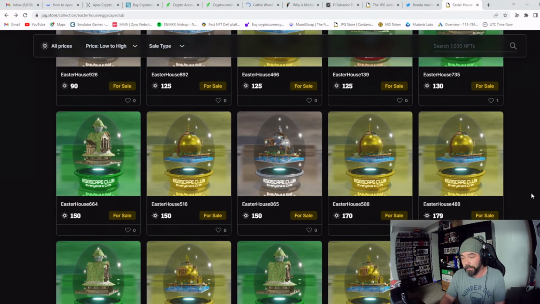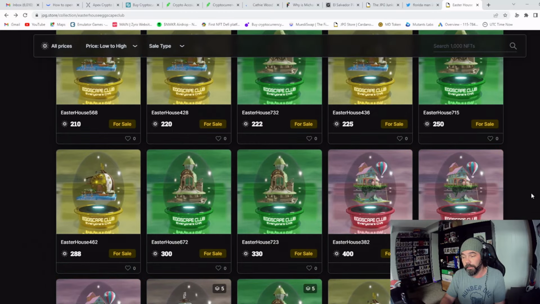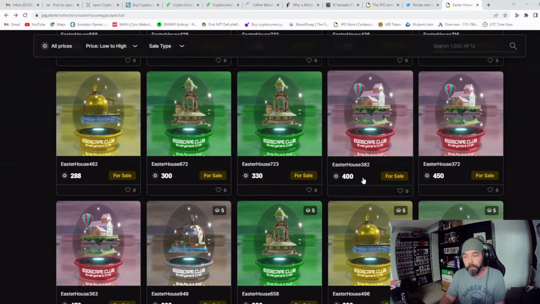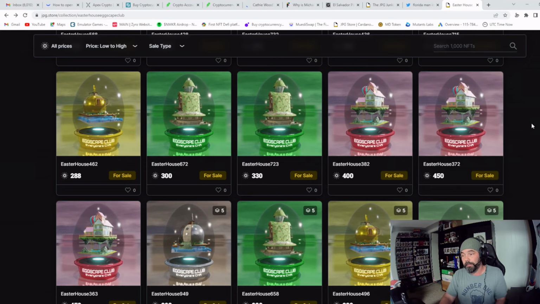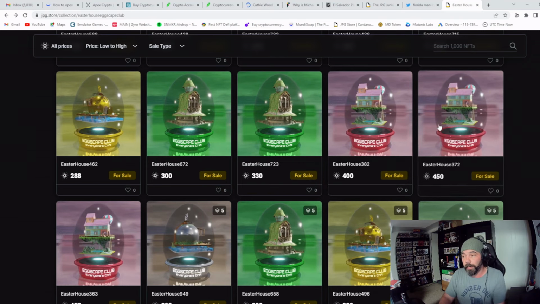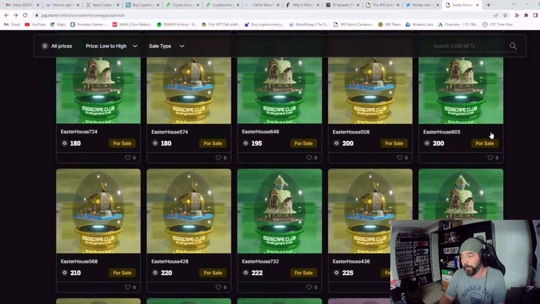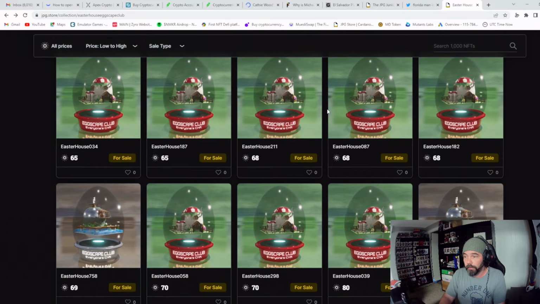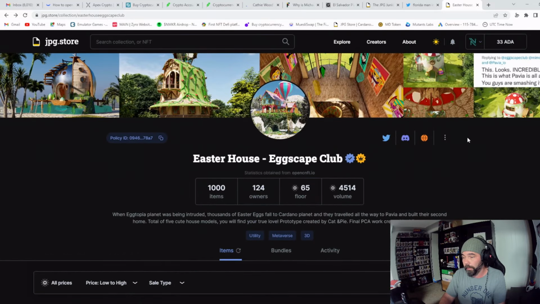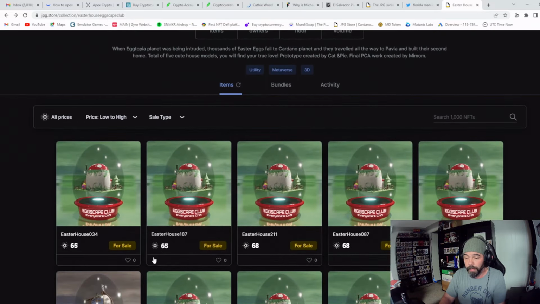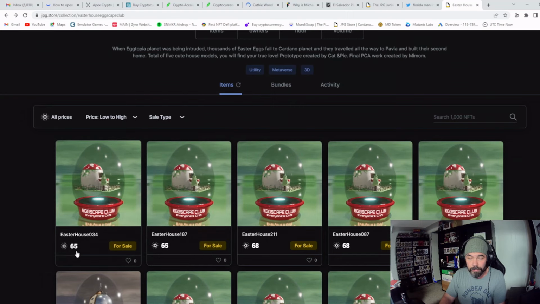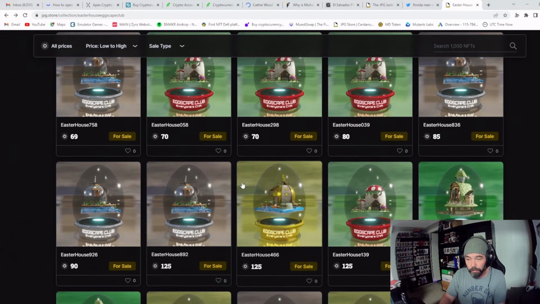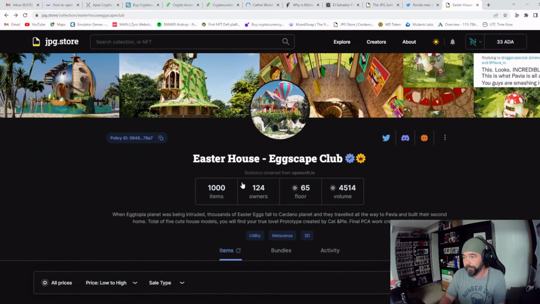So definitely this is a project to look at, but we were lucky enough to get a mansion, and right now the floor on the mansion is 400 ADA. So that is some pretty good upside here on the Eggscape Club. Now these are going to be able to be used on the Pavia, so definitely go and check them out. Still not bad to get one at only 65 ADA for one of the little mushroom houses. Those are cute. But definitely go check that out.